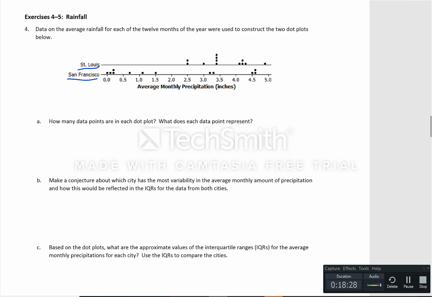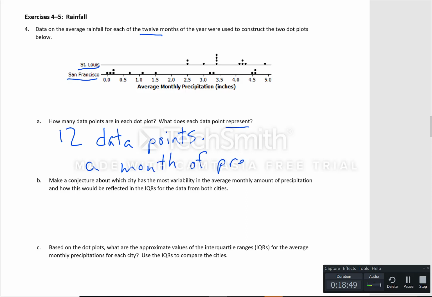So right here, since it says the 12 months, I know that there are 12 data points for each. And then each dot represents a month of precipitation.